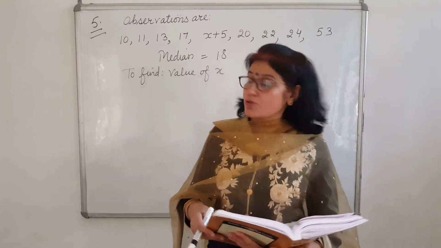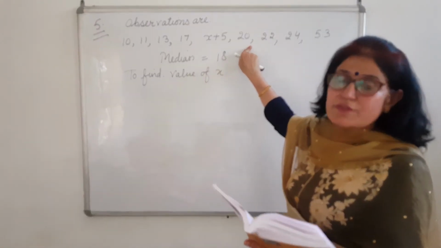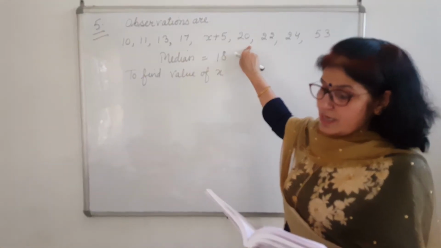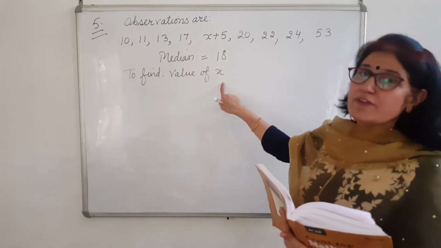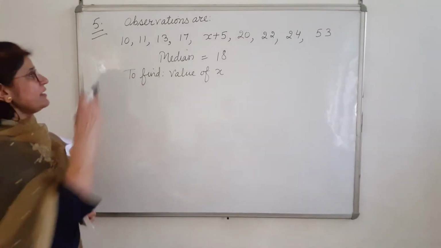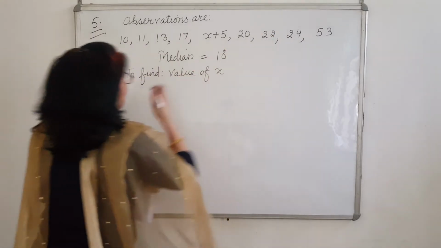Now our next question is question number 5. In this question some observations are given which are already arranged in ascending order and mean is given as 18. You have to find value of x. First of all we will count the observations to find n. 1, 2, 3, 4, 5, 6, 7, 8, 9.